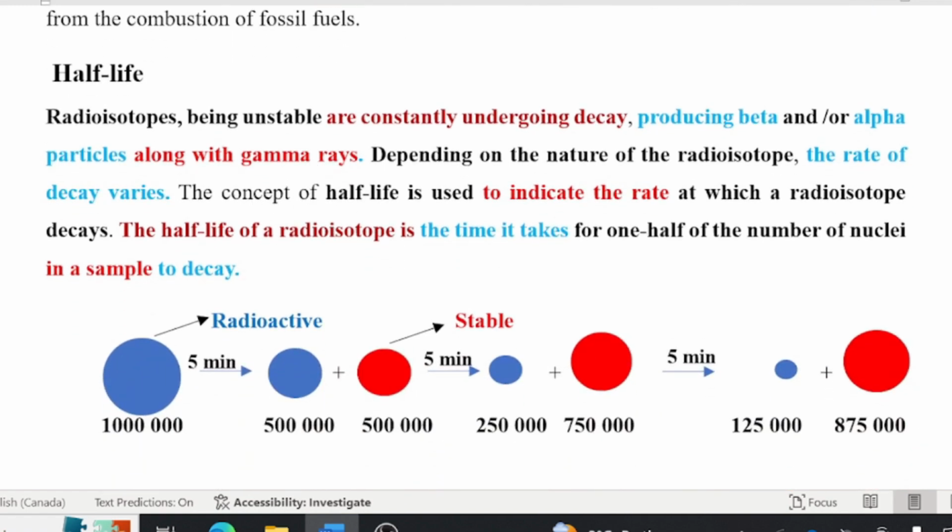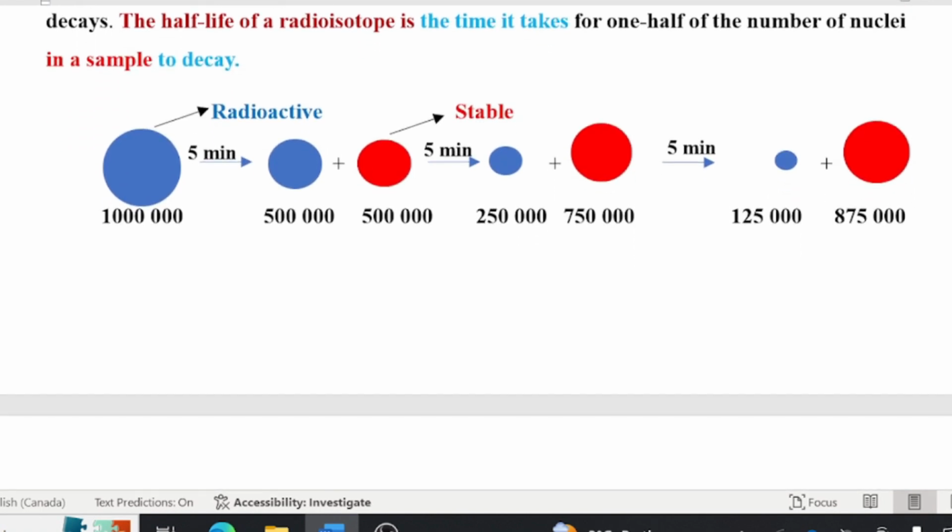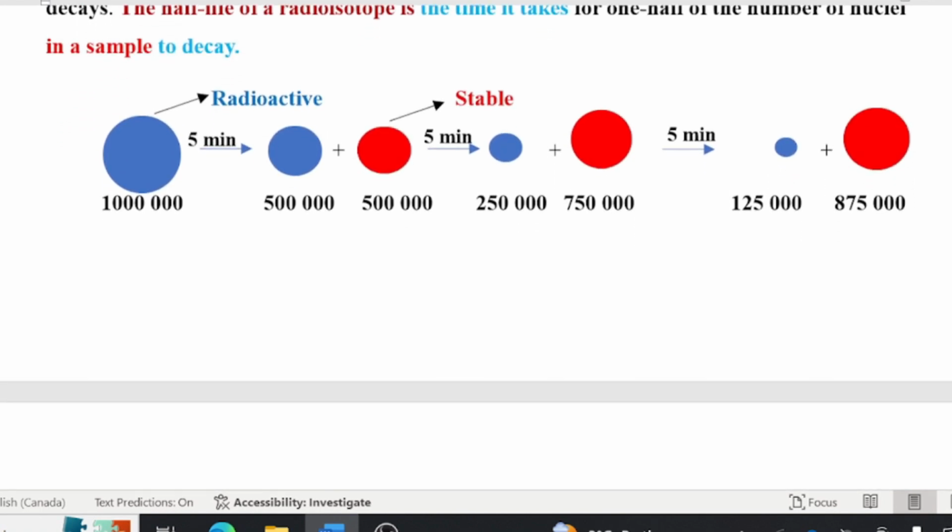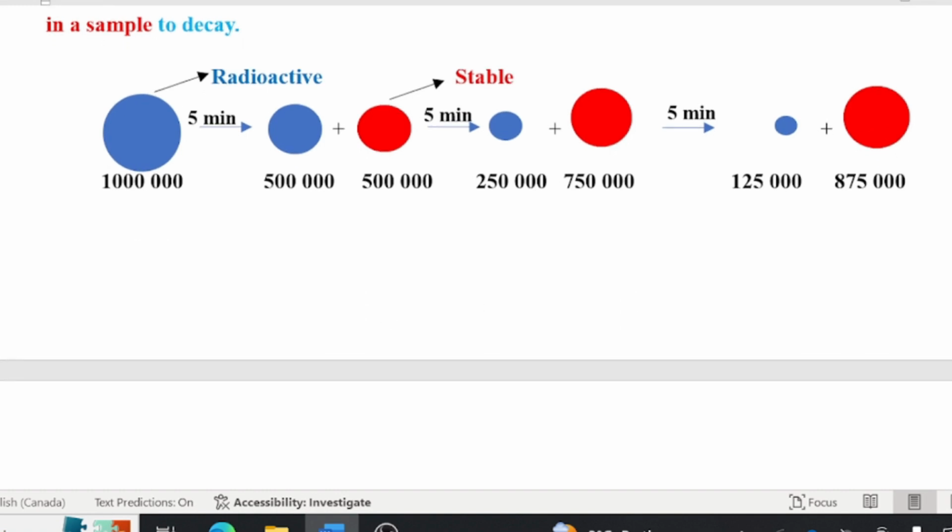The half-life of a radioisotope is the time it takes for half the number of radioactive nuclei in the sample to decay. For example, let us say a scientist has just recently prepared 1 million atoms of a radioisotope, and that radioisotope has a half-life of 5 minutes.